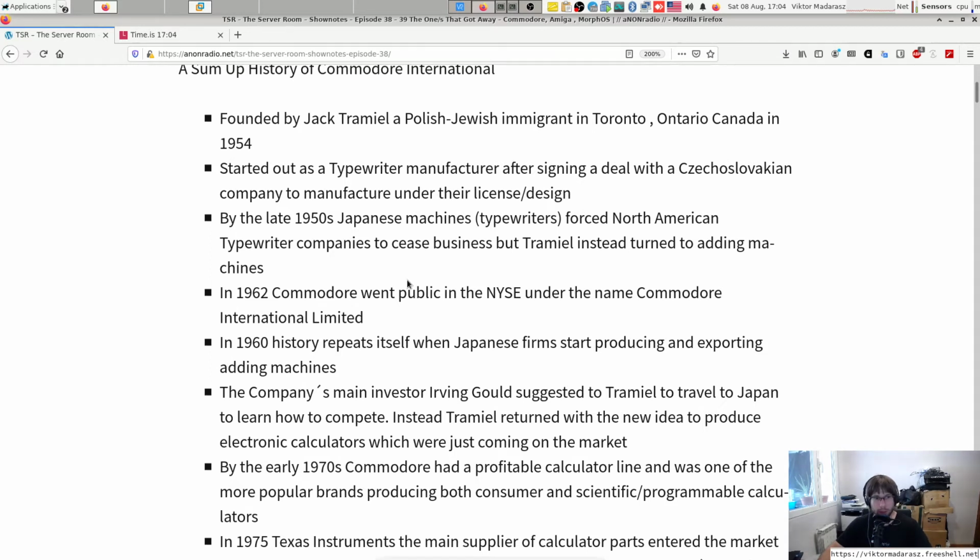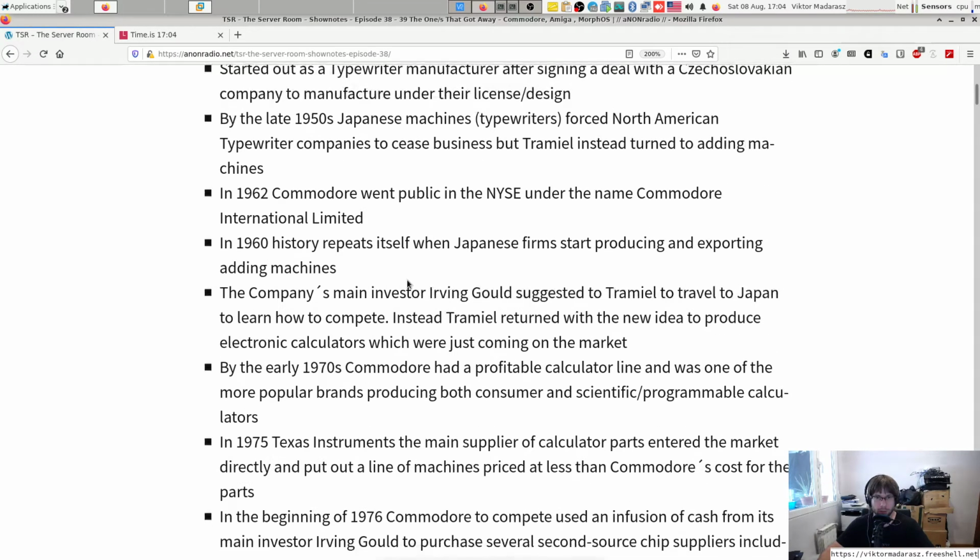They are called adding machines because they are not the electronic calculators just yet. They are adding machines of another type, not the electronic calculators many would think of when they hear adding machines.